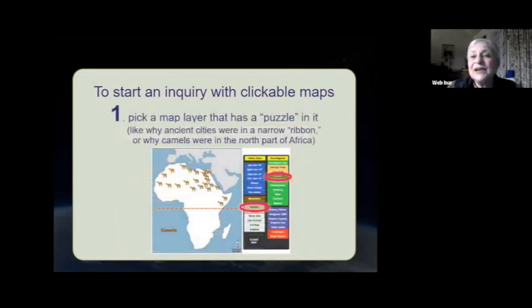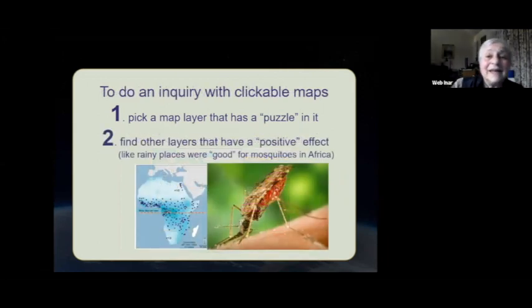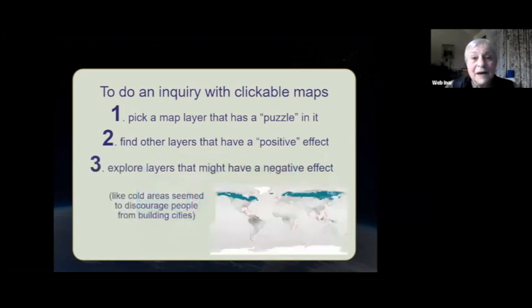It helps to pick a layer that has a puzzle. You can ask, why are the camels in the north part of Africa? Why were the ancient cities in such a narrow ribbon in a small part of the world? There are some interesting layers like mosquitoes, and you can figure out, even if you don't like mosquitoes, what they think is a great place to live. What would you turn on to find out what they like?